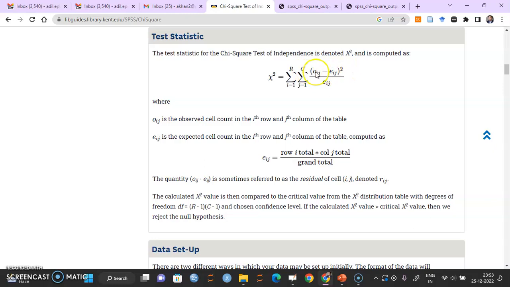We subtract expected from actual, take the square, and divide this by expected, and we add all such values for all the cells and we get the chi-square statistic. For calculating the expected frequency, you need to calculate the row total, the column total, and the grand total, and you put them in. For each cell you have to do this calculation. I'll give an example.